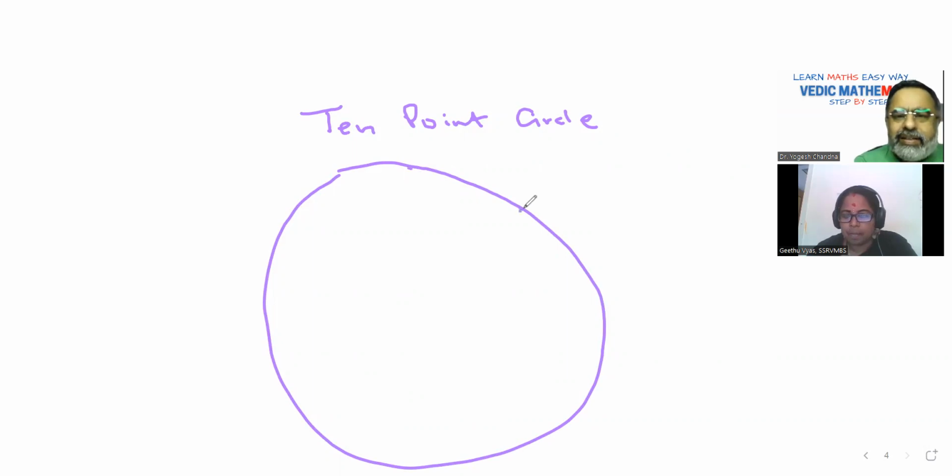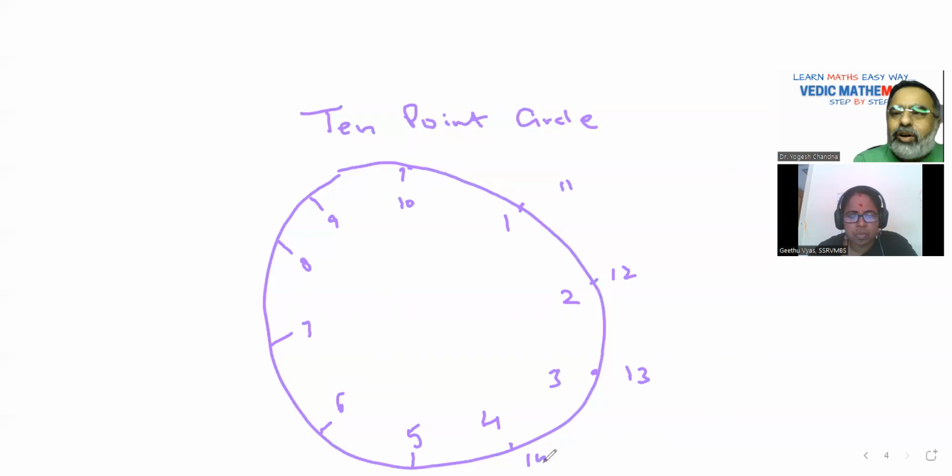Okay, starting from, let's say, 1, 2, 11, 12, 13, 14. So we can say 13 is 3 more than 10. 14 is 4 more than 10. 15 is 5 more than 10, or 5 less than 20.